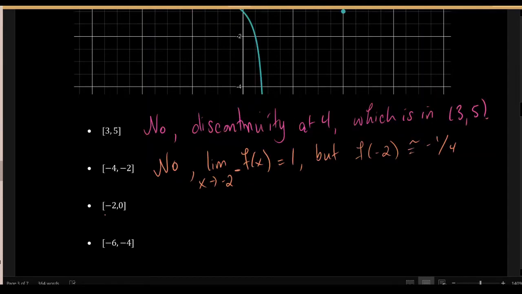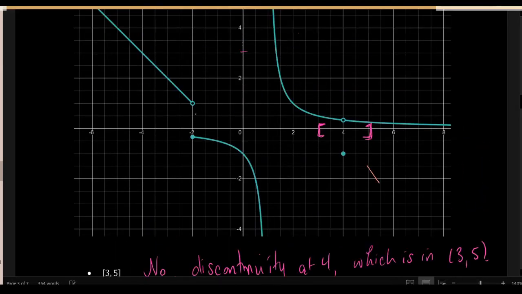Let's test it on the closed interval from -2 to 0. It goes from right here to right here. So the first thing that I'm going to check is, okay, are there any discontinuities in this function strictly between the left endpoint and the right endpoint? I'm not seeing any discontinuities strictly between -2 and 0. So the next thing that I'm going to check out is what's happening at the endpoints.